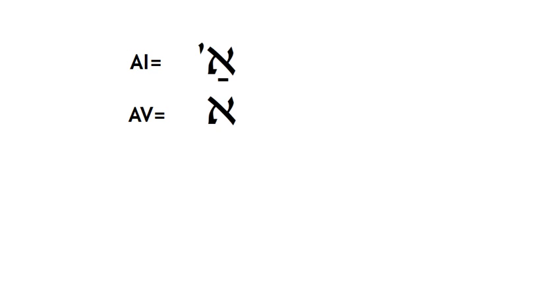So we've got our aleph, we've got our kamatz, and we've got our yud. Based on what we just saw, we would expect this to be pronounced I, because this vowel and this vowel are both ah, so it makes perfect sense that this should be pronounced I also.